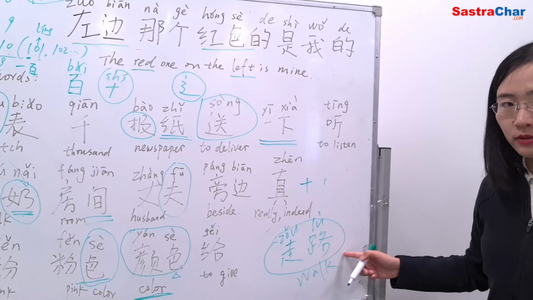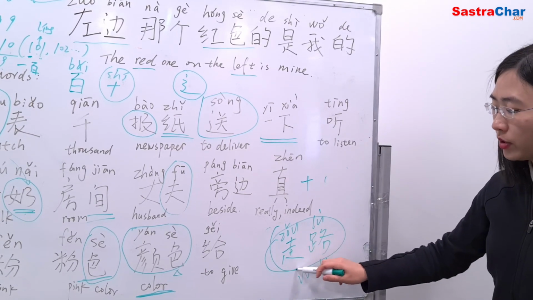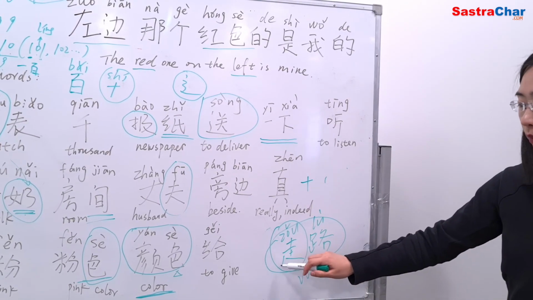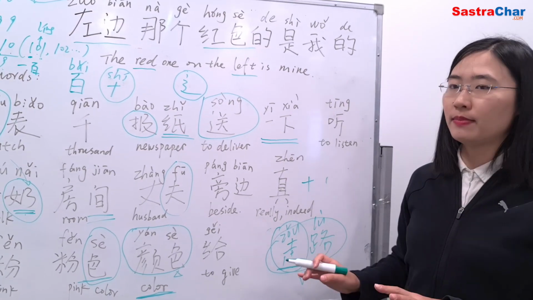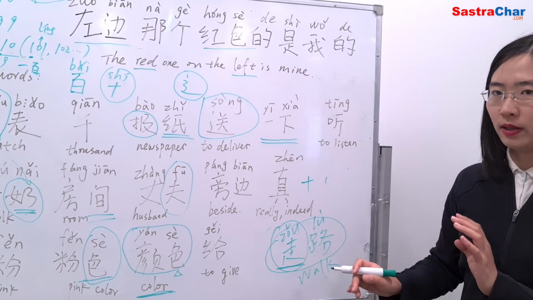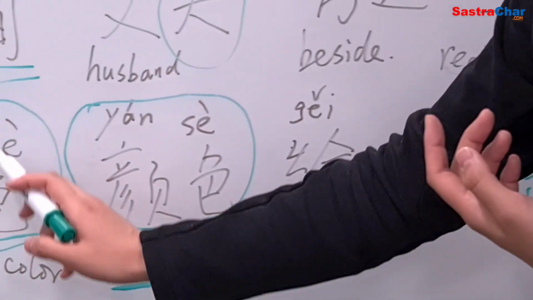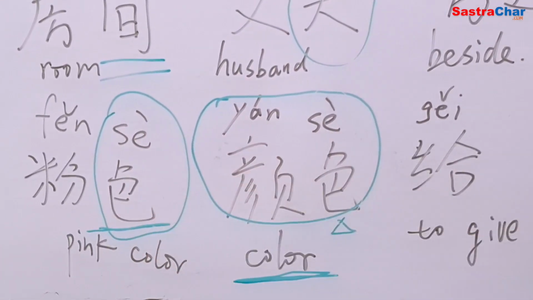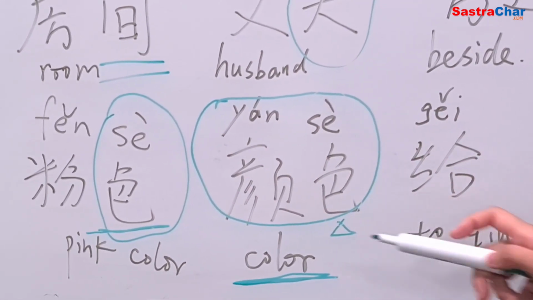So walk on the road. Altogether it means walk. So when you see a combination with 走, then this word is related to walk. So here also 粉色, related to color. It's pink. So 颜色 is the whole phrase for color.